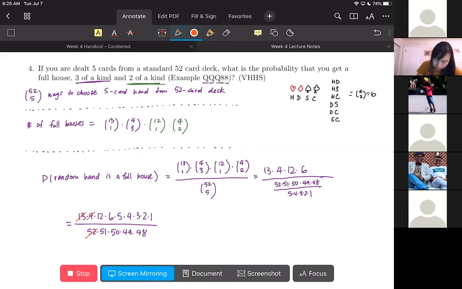We can do 5 times 2, here's 10. We can do 4 times 12 is 48. And then I think 3 goes into 51, 17 times. Did I do that right? I think so. So this becomes 6 over 17 times 5 times 49. And then if you multiply that out, I believe you will get 4165.